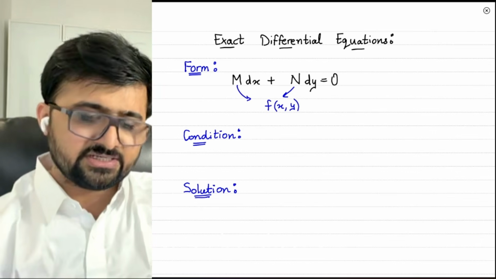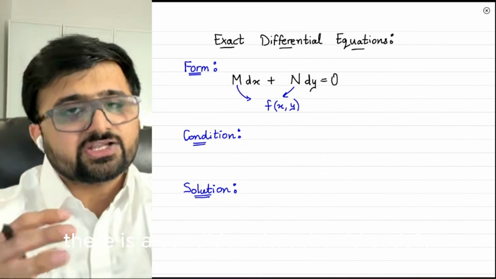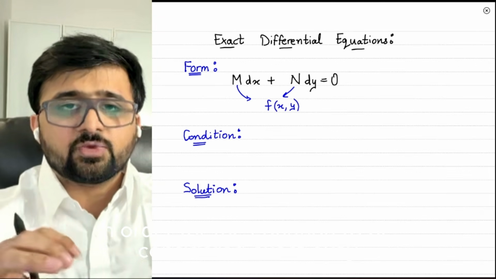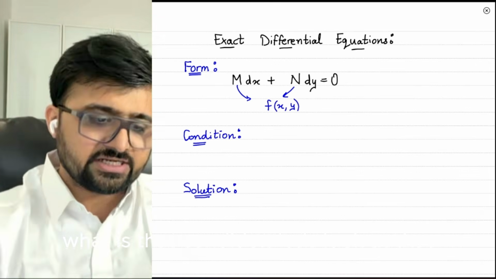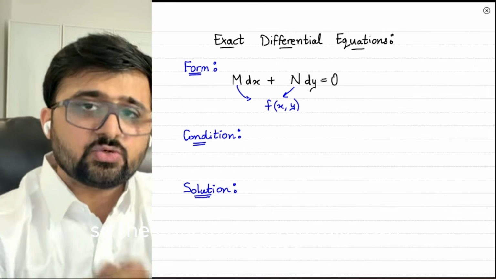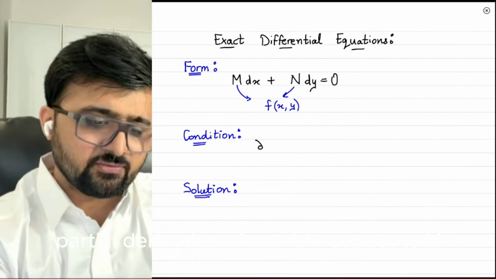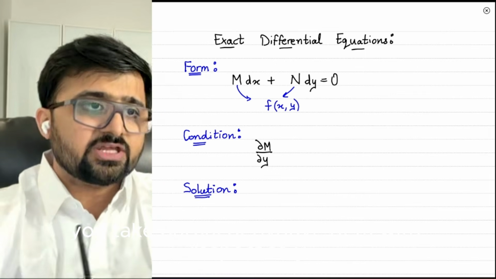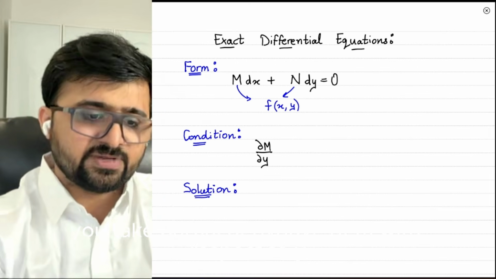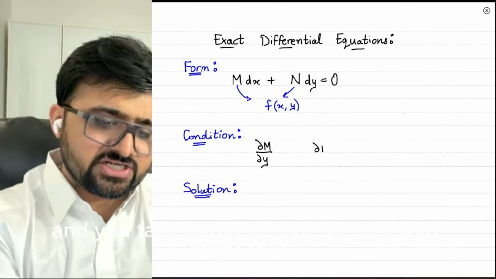Now, there is a condition that should be satisfied in order for the equation to be considered exact. The condition is you take two derivatives. You take the partial derivative of M with respect to y, and you take the partial derivative of N with respect to x.